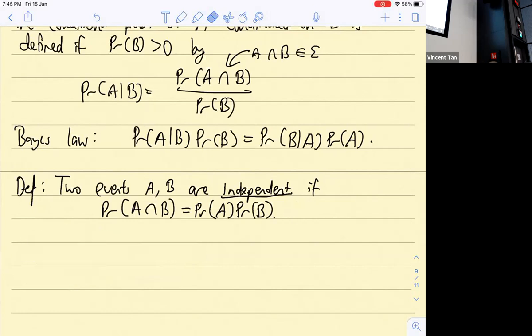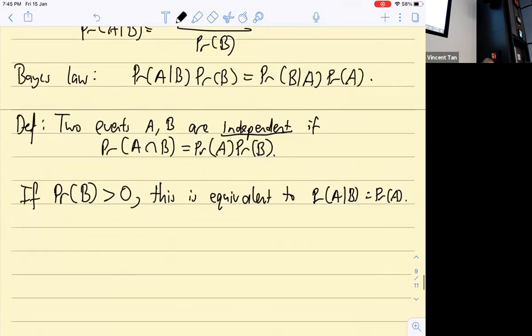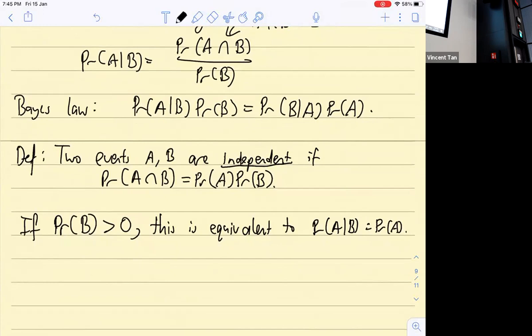But as a remark or corollary, if the probability of B is bigger than 0, this is equivalent to the probability of A given B equals the probability of A. And hopefully in an undergrad class, you have seen these things before. Okay, all this can be extended to the case of conditional independence.